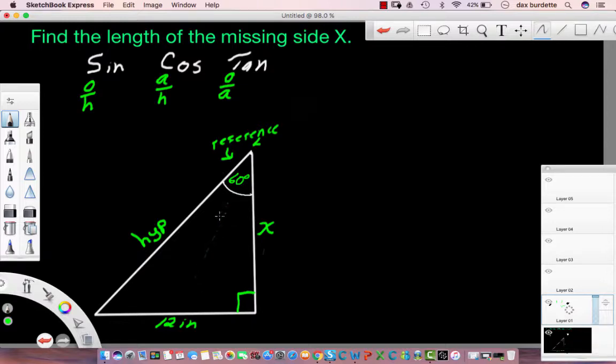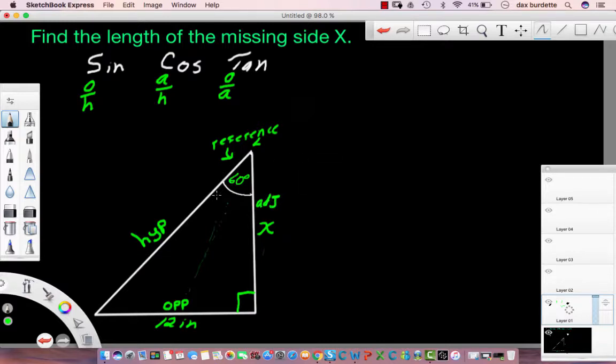So across from the 60-degree angle is this side that says 12 inches. So across from it, or opposite from it, we will call this side our opposite side. We've identified the hypotenuse and the opposite side. The side that's connected to the reference angle, that's not the hypotenuse, is called our adjacent side, because it's right next to it and helps form that reference angle.